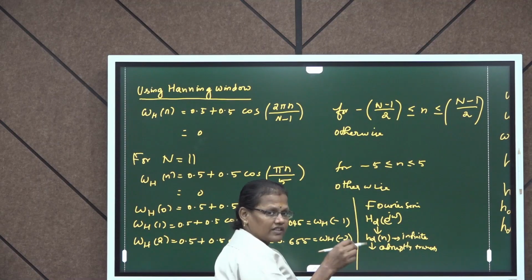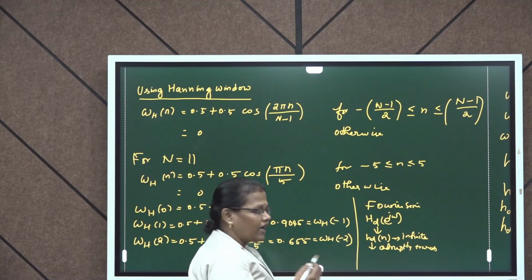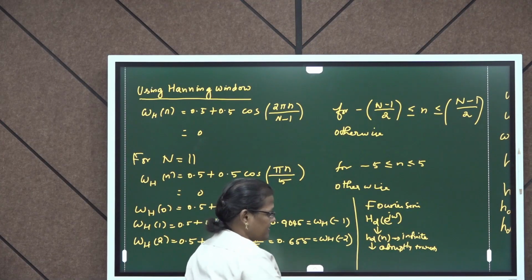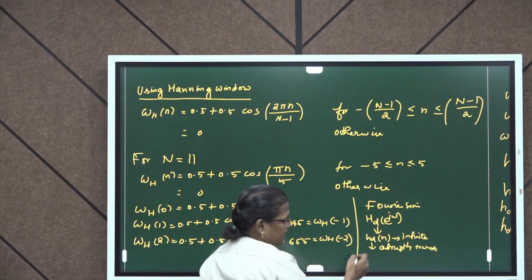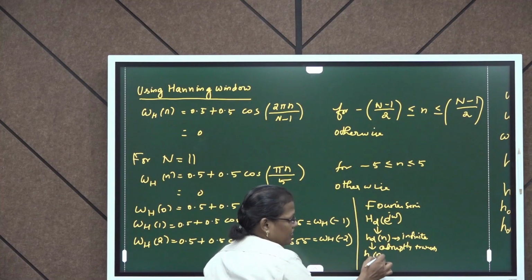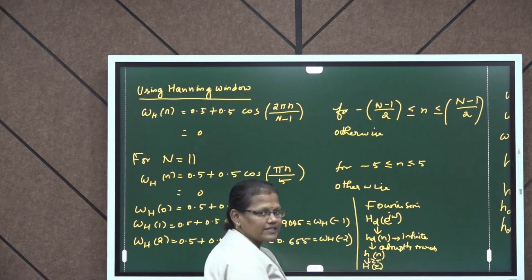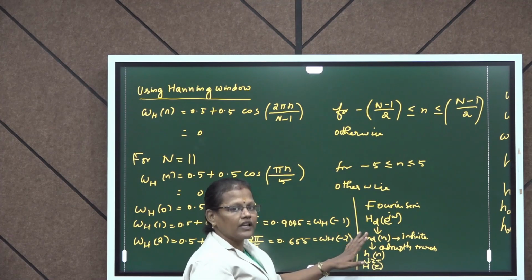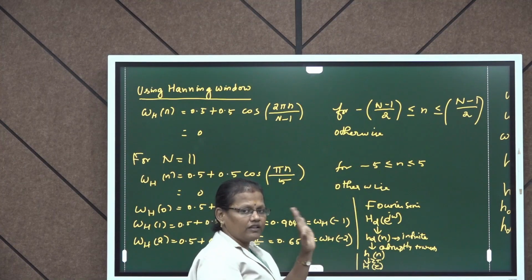There is an oscillation in the pass band and the stop band, and hence Gibbs oscillation occurs in the Fourier series method. So this hd(n) can be abruptly truncated to get h(n). From this we find H(z) by taking the z-transform. This is the Fourier series method of designing the FIR filter.